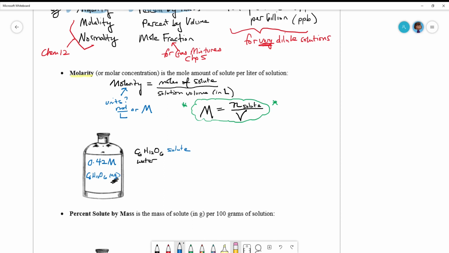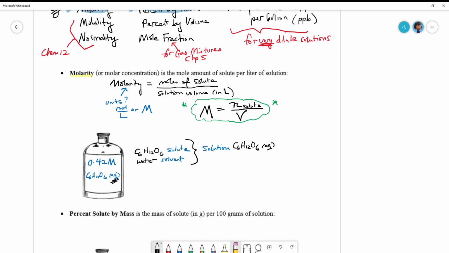So water is the solvent. Now, together, the solute and the solvent give us our solution. And of course, the solution is represented by C6H12O6 (aq), which indicates that the solute and the solvent are mixed together to produce that solution. So that's what's in the bottle.